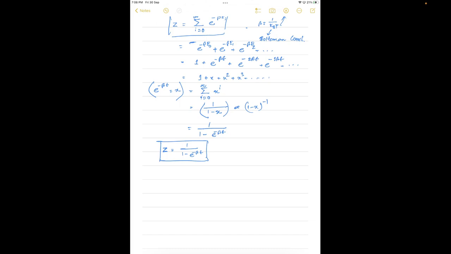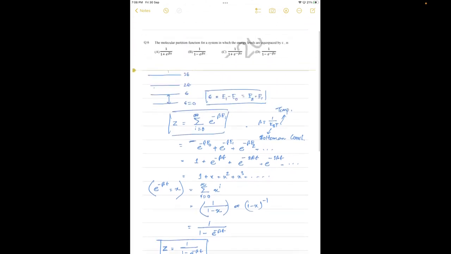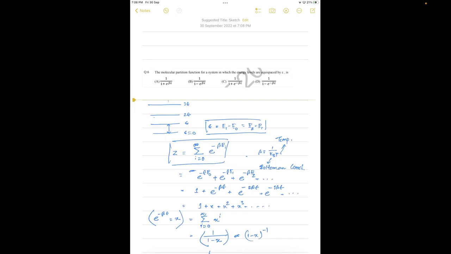Okay, so in this question, option D is the right answer. The molecular partition function for a system in which the energy levels are equispaced by epsilon is 1 divided by 1 minus e to the power minus beta epsilon.